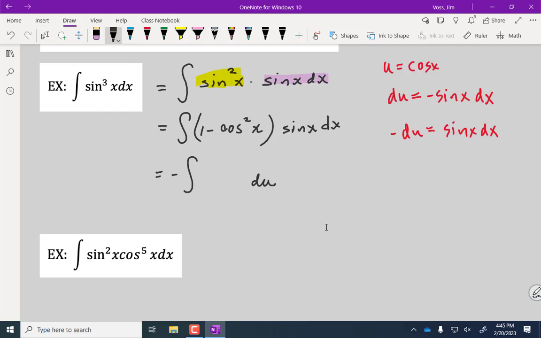And then here, 1 minus u squared. We end up with a pretty easy polynomial to integrate, powers of u. So we're going to end up with minus u when we integrate, plus u cubed over 3, plus c, and then we back substitute.